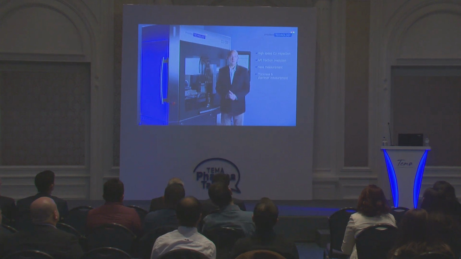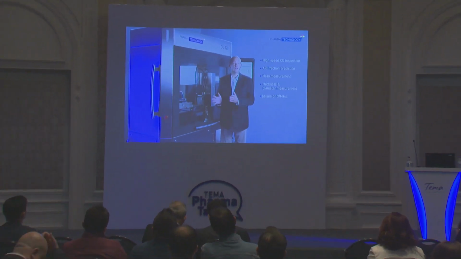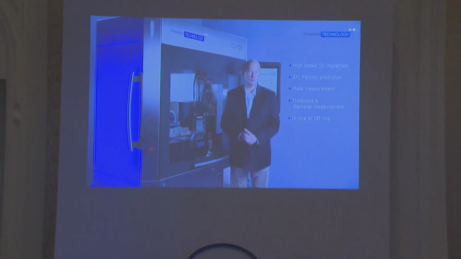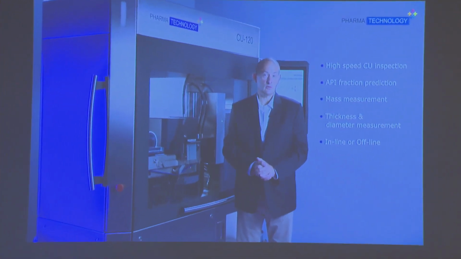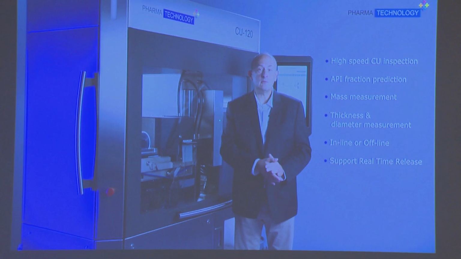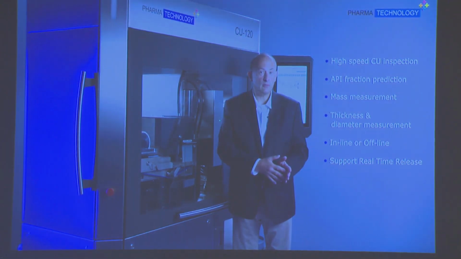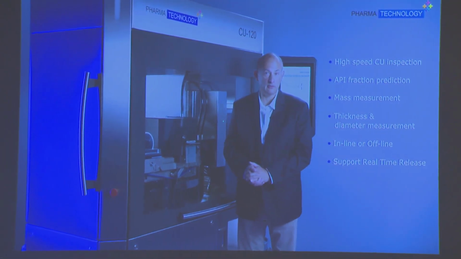A NIR, infrared spatially resolved spectrometer, measures API fractions. And a 3D microwave resonator, which provides the tablet mass. The unit can be used in 2 modes, offline as a batch saver and inline as an advanced PAT tool. The CU120 can therefore support real-time release testing for content uniformity and uniformity of mass.